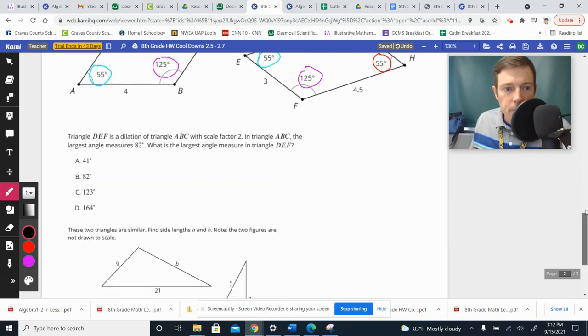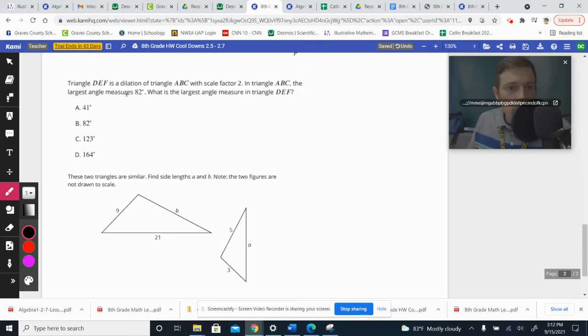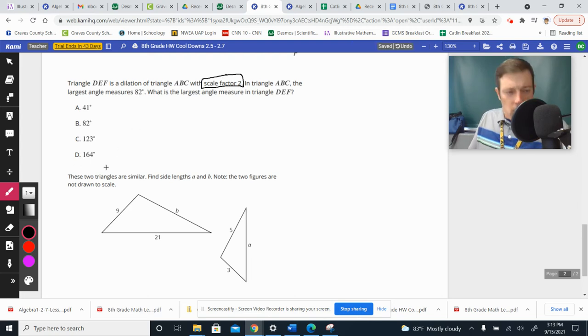All right, moving on. Triangle DEF is a dilation of triangle ABC, and they have a scale factor of 2. In triangle ABC, the largest angle measures 82 degrees. What is the largest angle measure in triangle DEF? A lot of students read this problem and say, hey, scale factor of 2, so I'm going to double 82 and my answer is going to be 84.